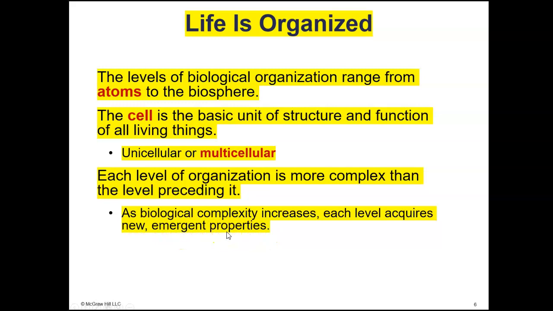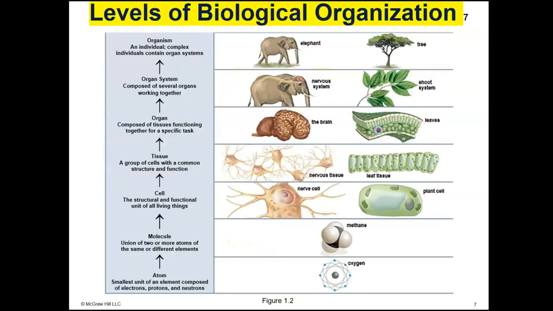Emergent properties are just characteristics that are dependent on the level of organization. They depend on the interactions of the different levels of organization.